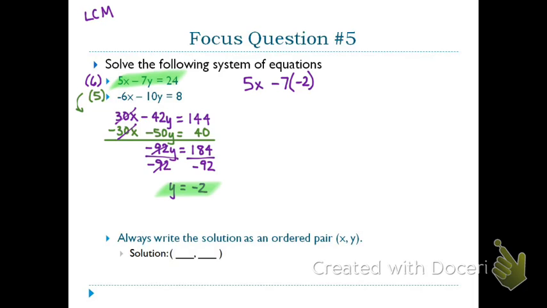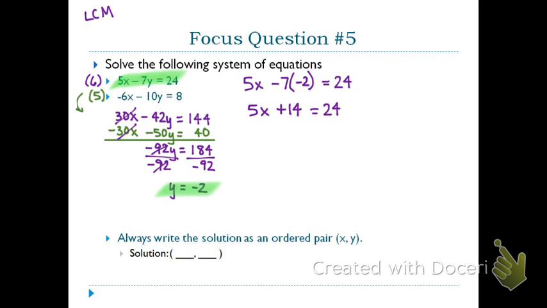So negative 7 times negative 2, and that's equal to 24. Okay, let's solve. 5x plus 14 is equal to 24.